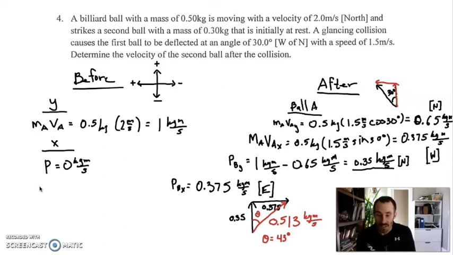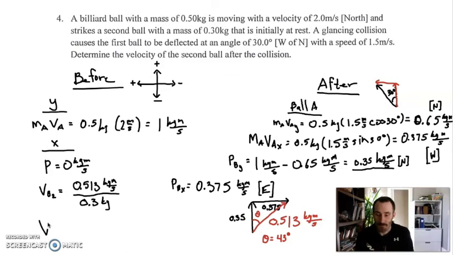So the velocity of ball B at the end, VB2, is equal to 0.513 kilogram meters per second divided by its mass, which is 0.3 kilograms.